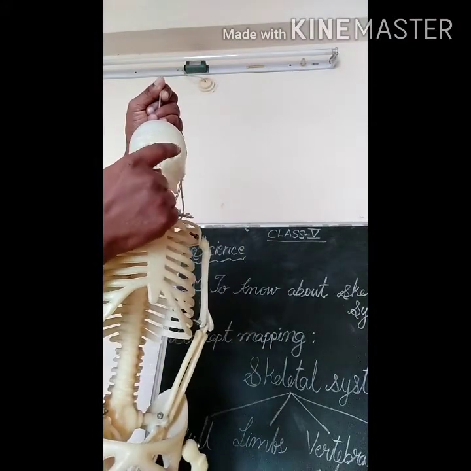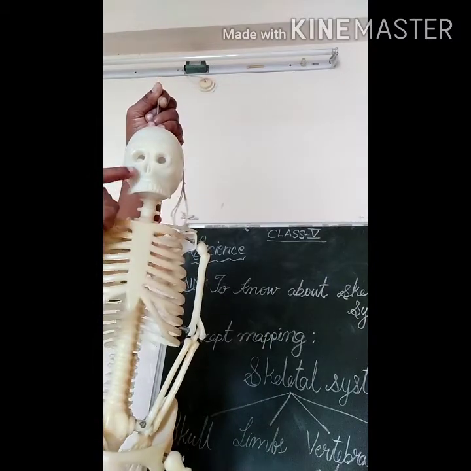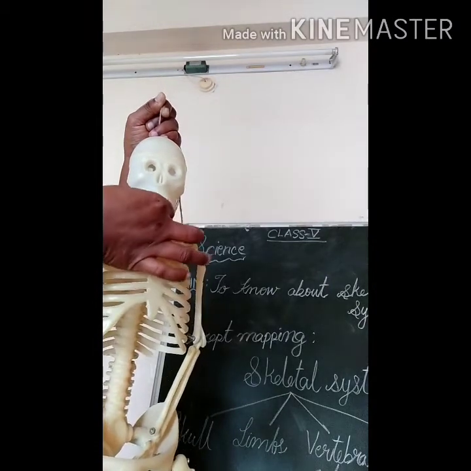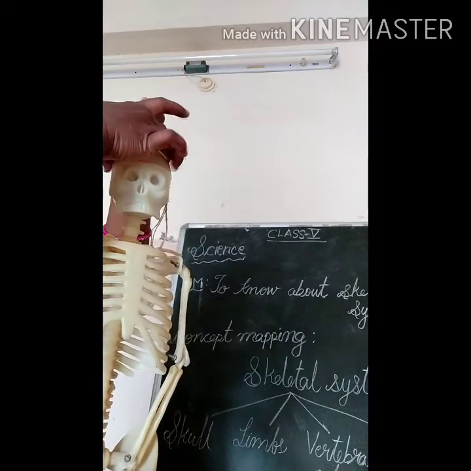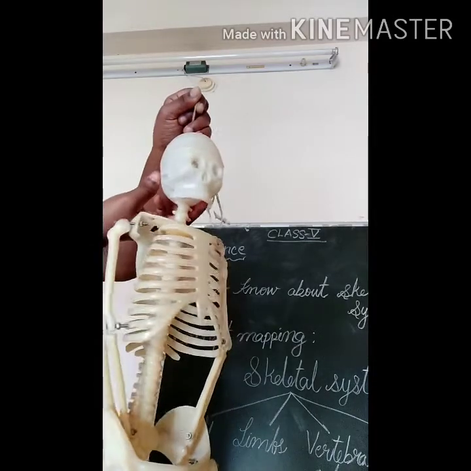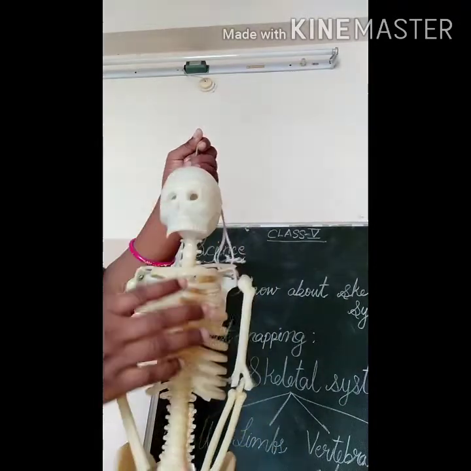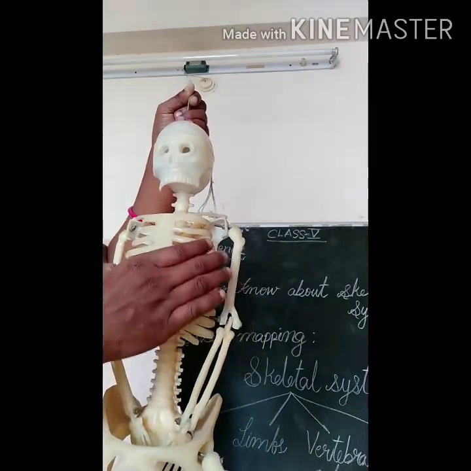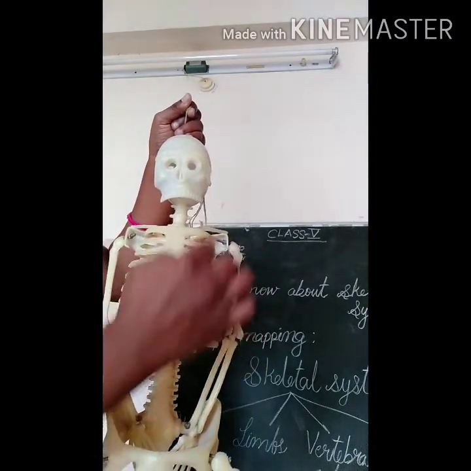See, there are big holes here for the eyes, and here the chin bone is not there. This is the cheek, and this whole part is the skull. Now the next one is the rib cage. You can see the rib cage. Here the 12 pairs are there.